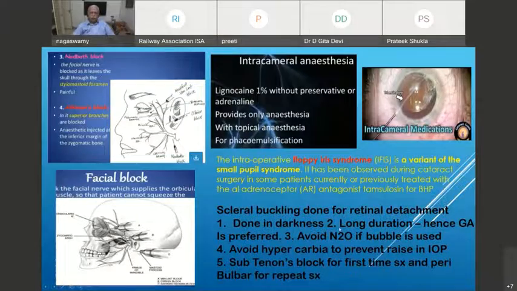You have to avoid nitrous oxide because they may use a hexafluoride gas bubble to cause the tamponade. You have to avoid hypercarbia to prevent rise in IOP, and subtenon's block can be given for the first time, but if it is a repeat procedure, then you have to go for peribulbar block because the earlier procedure will cause sclerosing and scarring to take place.